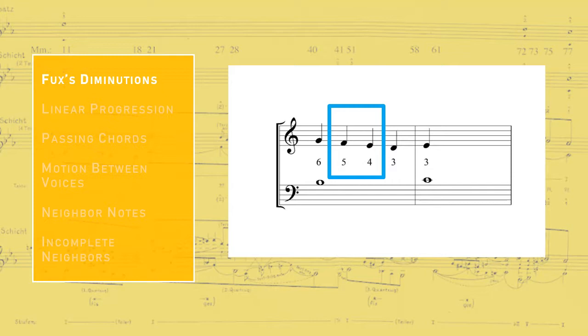Contrapuntal theorists after Fuchs have made an exception for this configuration, however. The notes F and E in this passage can be thought of as being created by a diminution that fills in the interval of a perfect fourth between the G of beat 1 and the D of beat 4.